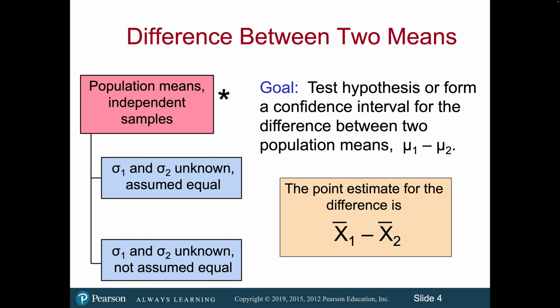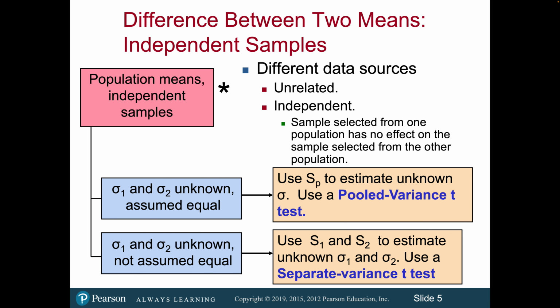P-O-O-L-E-D. And if they're not assumed equal, it's unpooled, U-N-P-O-O-L-E-D, okay? Again, I told you it's going to be more complex. But again, pump the brakes, give me an opportunity to teach you this information. This really summarizes what I just said.